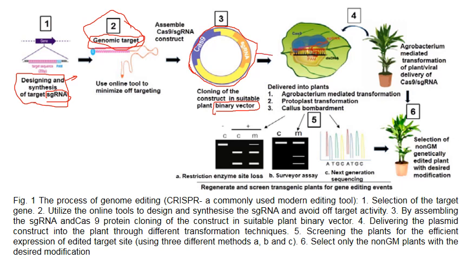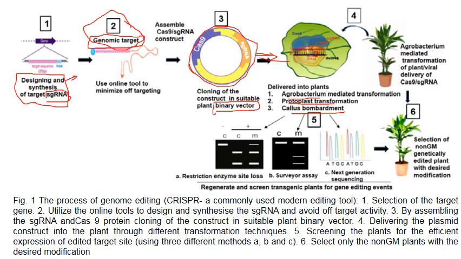Then introduce this into a plant by agrobacterium mediated transformation or any other gene introduction technique. It may be particle bombardment, gene gun, or anything. For delivering into plants, the techniques given here are agrobacterium, protoplast transformation, or callus bombardment.